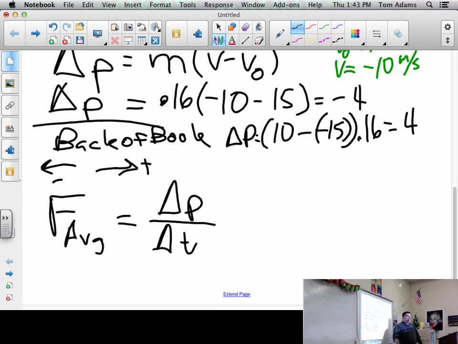The one thing I forgot to mention is that the textbook said that the time that this collision between the ball and bat takes place is 0.025, right? So we have 4, or in our case, negative 4, over 0.025.